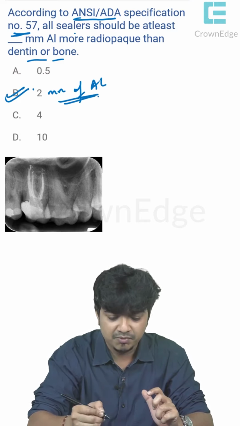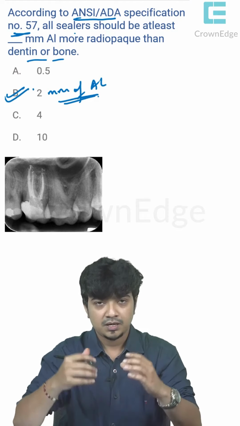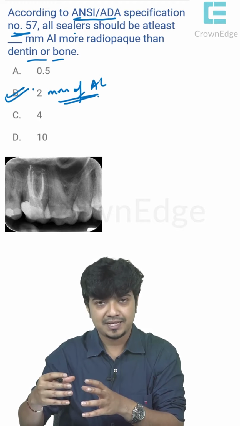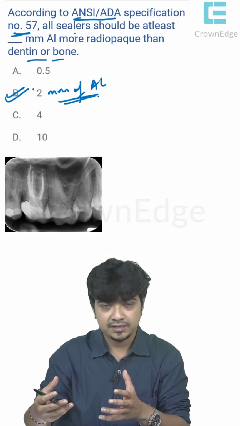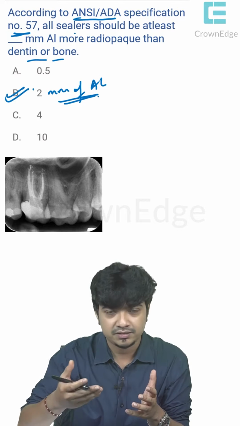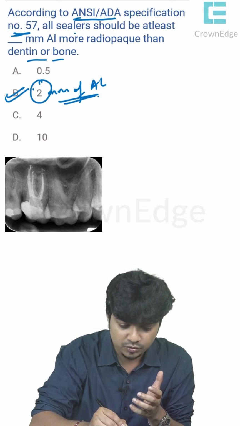So what does mm of aluminium mean? It basically means how much thickness of aluminium needs to be there in order to give the same radio opacity. So that is a unit that is used in order to measure the radio opacities of these various materials that we use. So mm of aluminium, the value is 2.